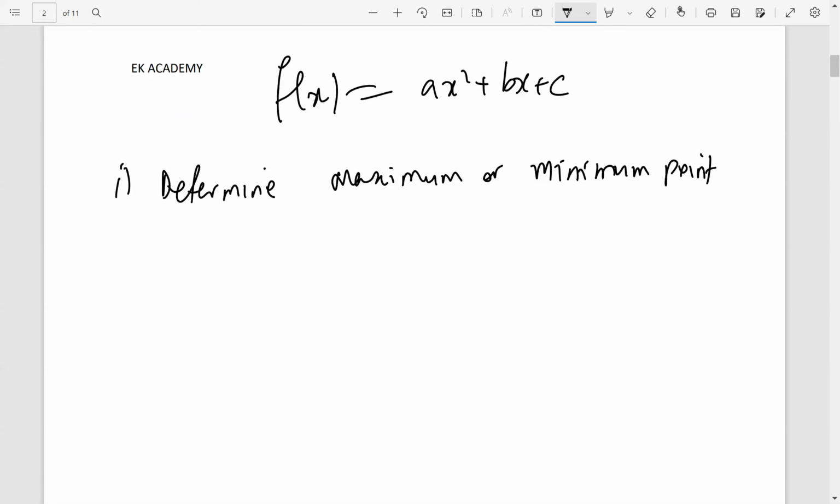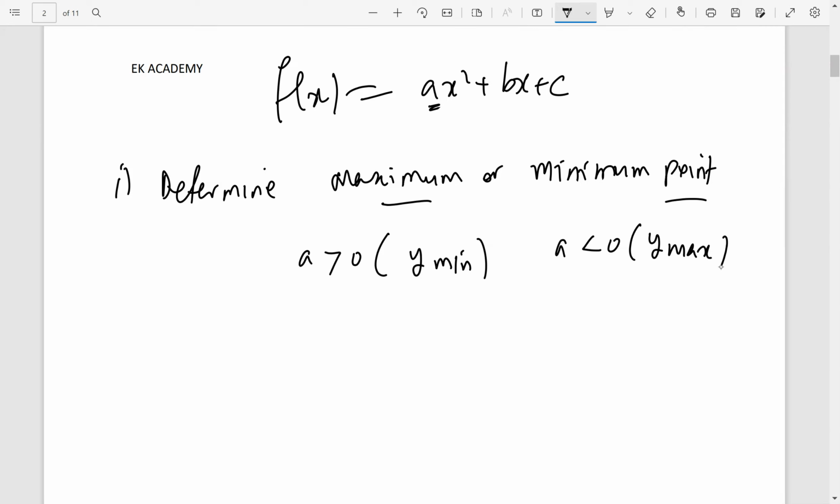How do you decide whether it is a maximum or minimum point? Of course, you check the coefficient a. When a is greater than 0, you have y minimum. When a is less than 0, you have y maximum.